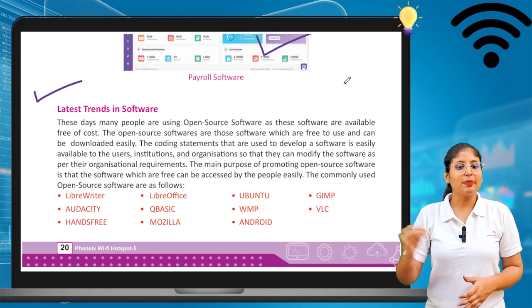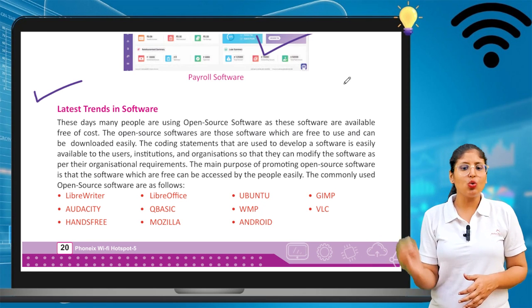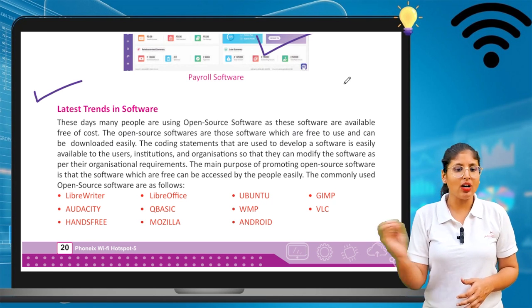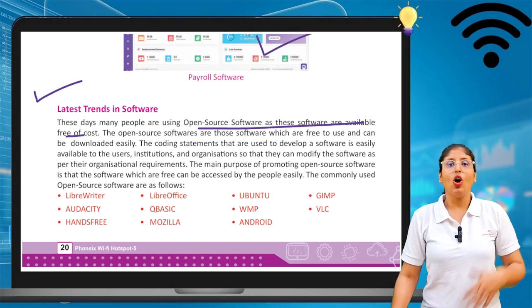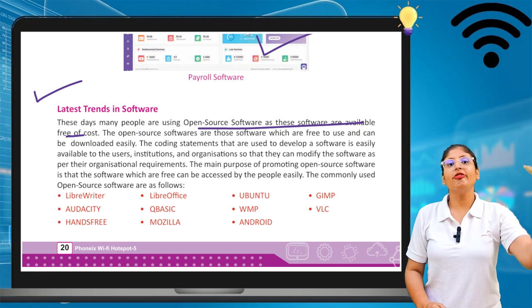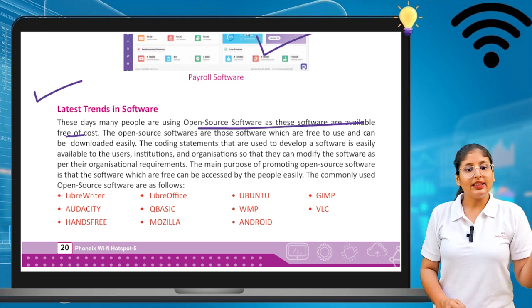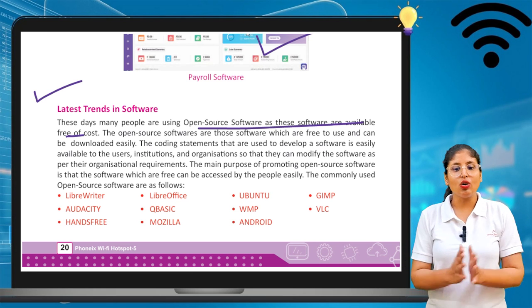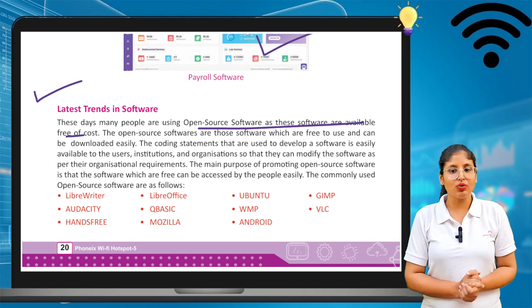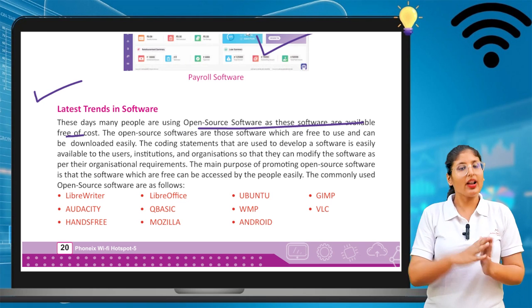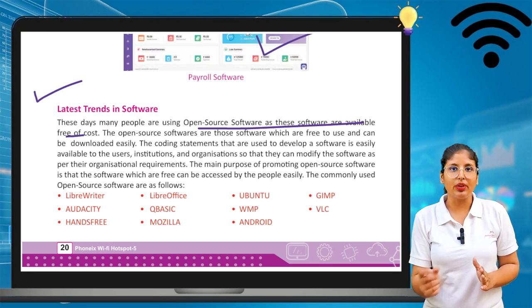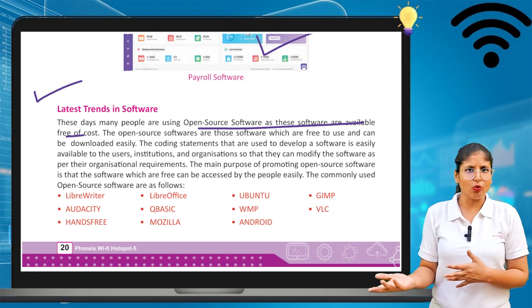These days many people are using open source software, as it is available free of cost. Open source software is free to use and can be downloaded easily, for example from the Play Store.